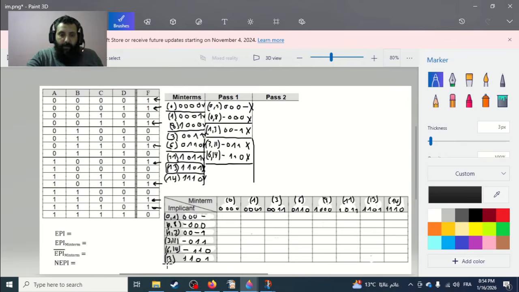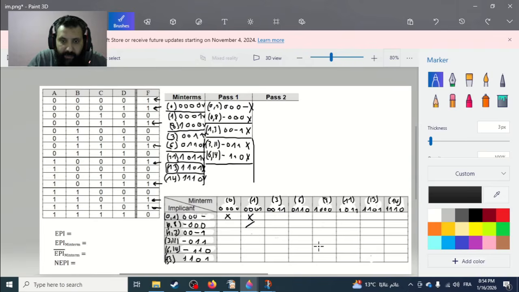Now we have this table. We have to mark which min term is covered by which prime implicant. It's very easy. We just have to read the parentheses. We have this one, 0, 1. Sorry, I made a mistake.